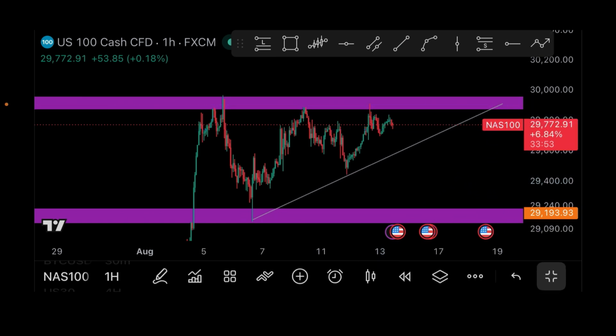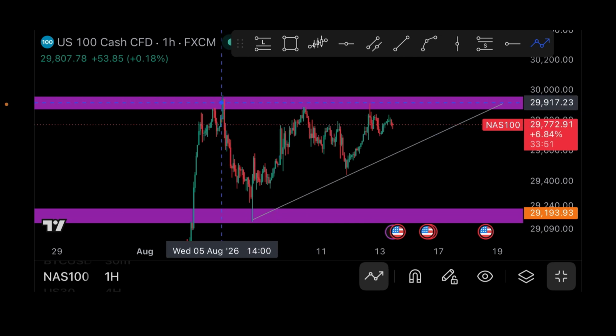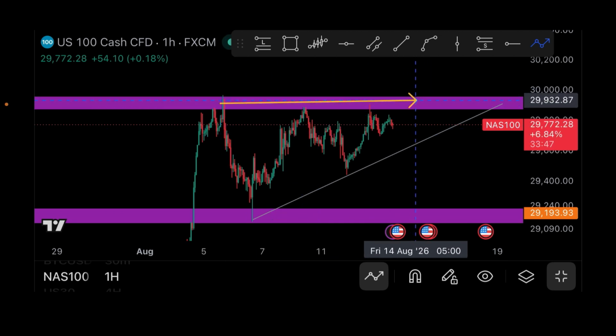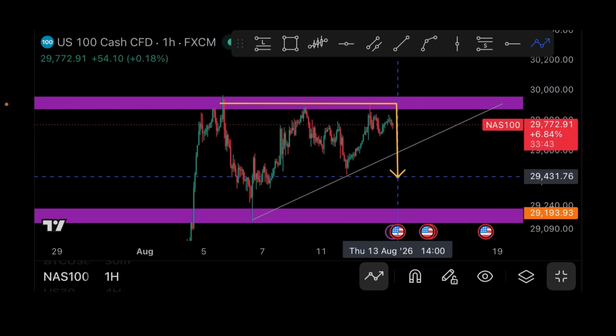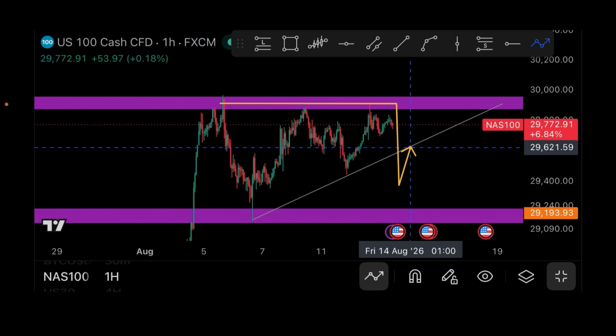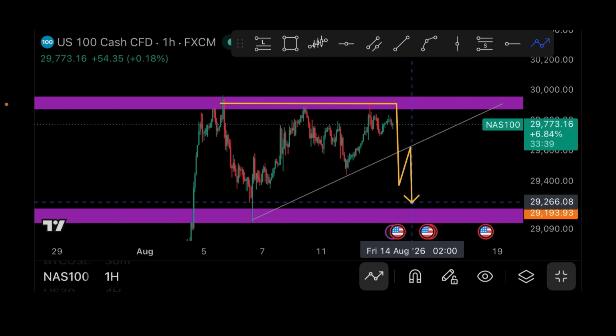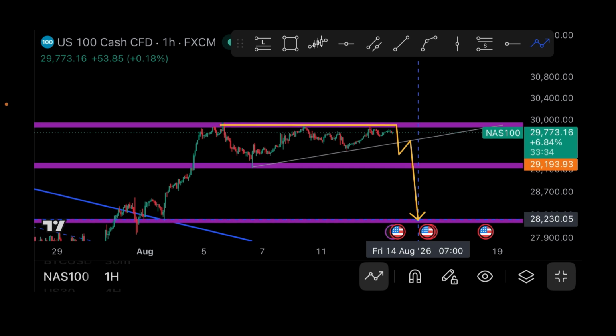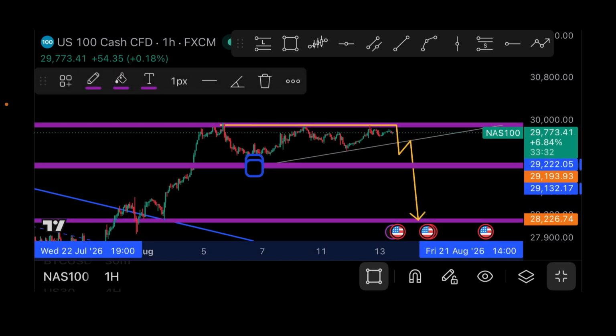And what I see now, since the market is failing to break this resistance, is the market will be going down like this and breaking our trend line and probably going to this low or that low right there, between the two.